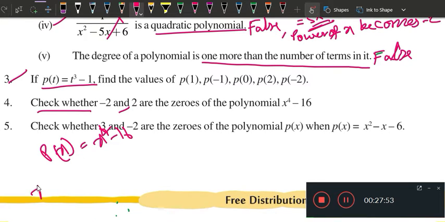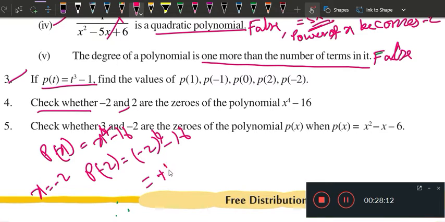Put x equal to minus 2. Then p of minus 2 is equal to minus 2 power 4 minus 16. Minus 2 power 4 means minus 2 into minus 2 into minus 2 into minus 2, which is plus 16. 16 minus 16 becomes 0. Okay children, we get the result 0.